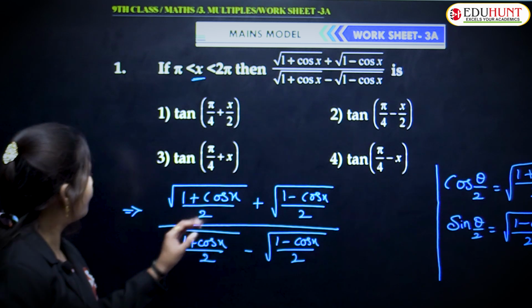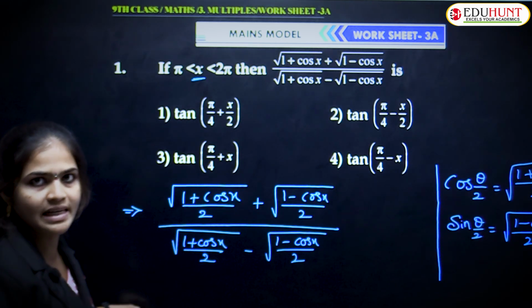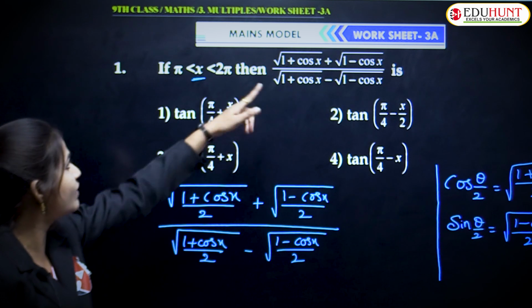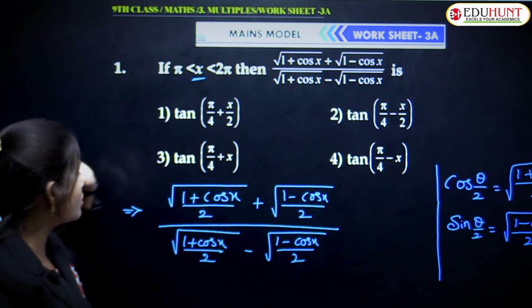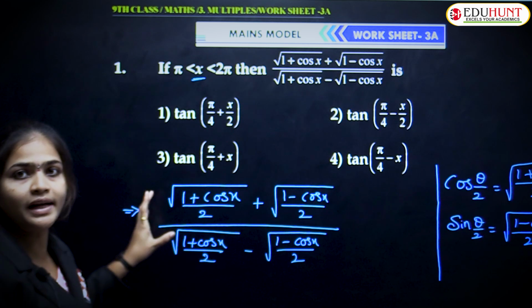If you take root 2 as common in the numerator and denominator, root 2 and root 2 get cancelled, and we again get the same result. That's why we have to divide both numerator and denominator by 2.